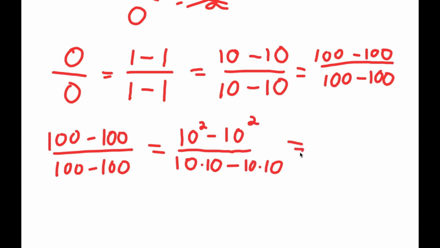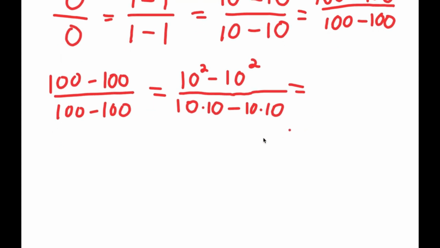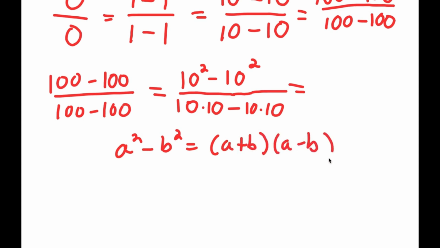And the reason why I did this is because if I have something in the form a squared minus b squared, this is equal to a plus b times a minus b, right? So in this case, I have 10 squared minus 10 squared, and a and b are the same thing.